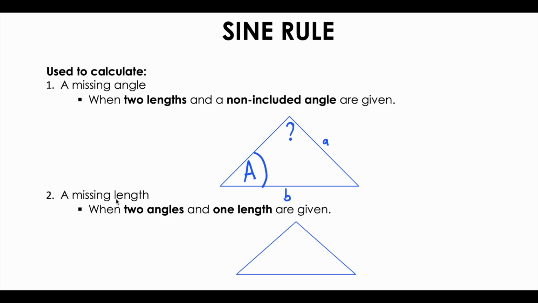Now as it relates to the missing length, we must have two angles and one length. So say we have this angle here, angle A, and we also have this angle here, angle B, and we only have the length of b. We could work out what a is. So take these down, and also bear in mind if you have two angles, you could also figure out what the other angle is.